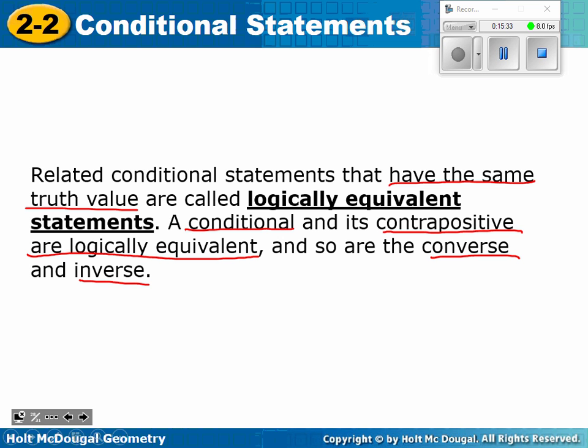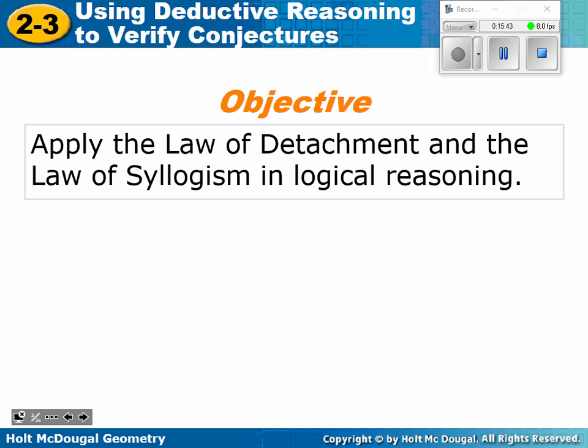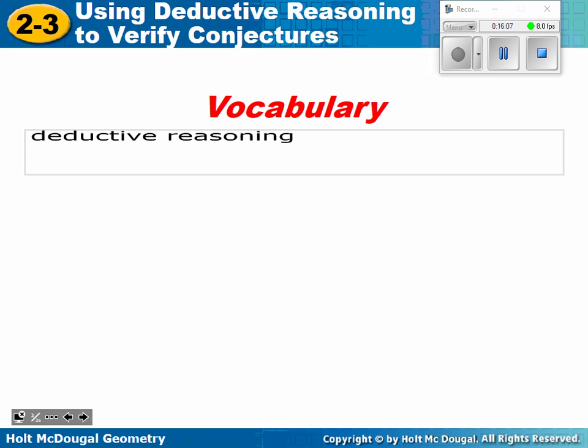Okay, let's look at 2.3. This section is basically two laws and the difference between those two laws. And that's all that's in 2.3. It is the law of detachment and the law of syllogism. Law of detachment, law of syllogism. And then we're going to think logically and make some conclusions, okay?